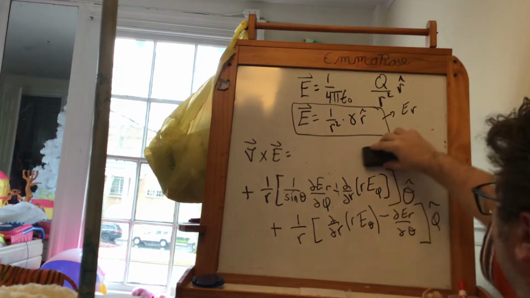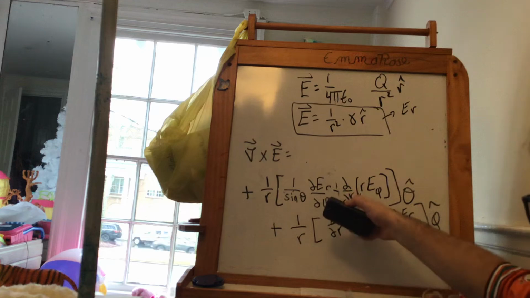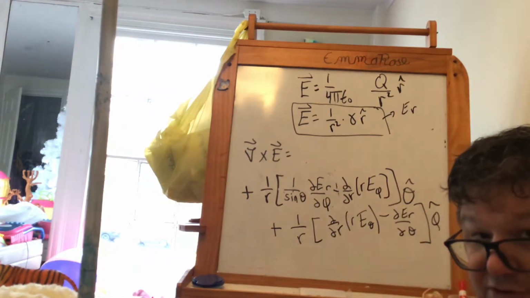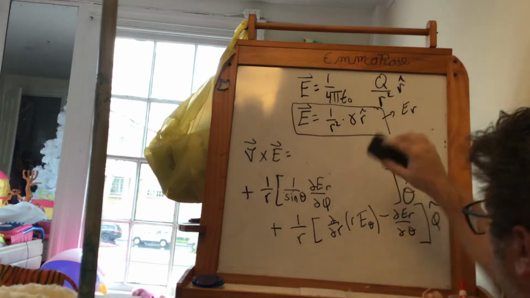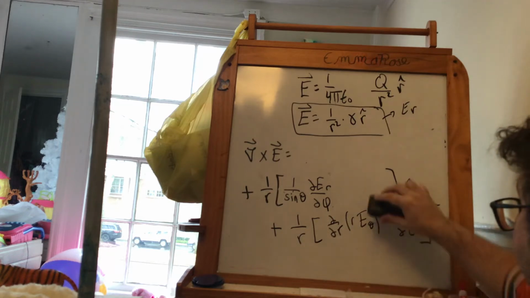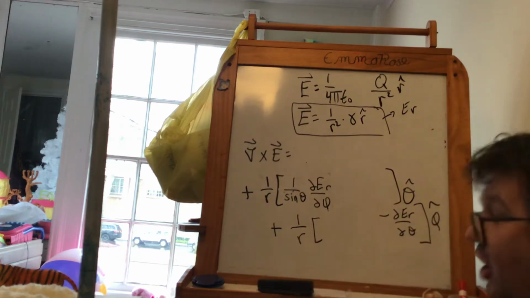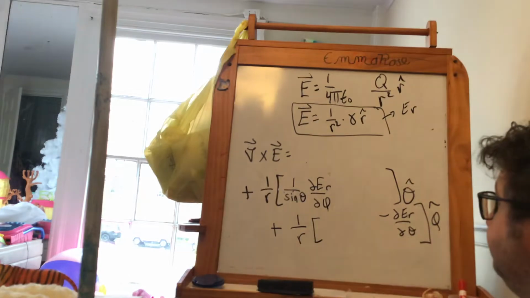And this term goes to 0 because the E phi term is 0. And this term here also goes to 0. All those terms go to 0 because there's only a component in the R direction.